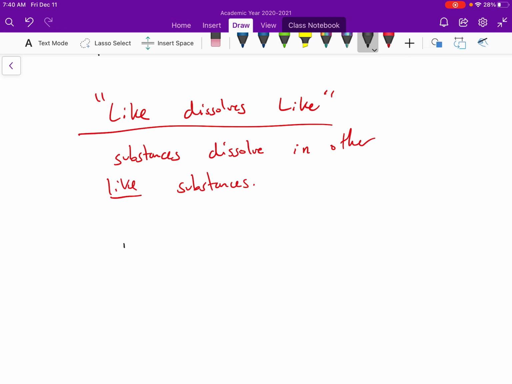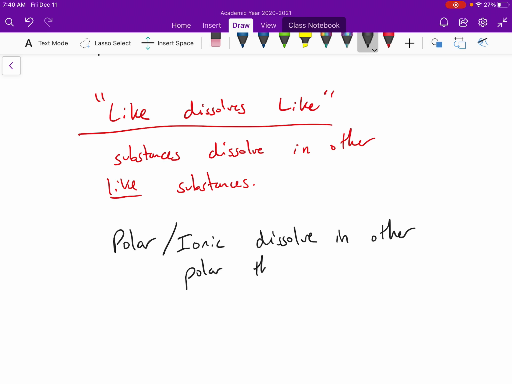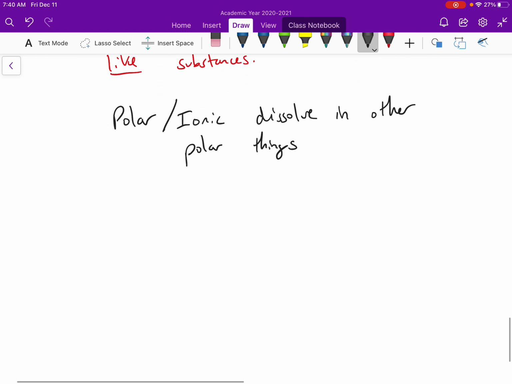So what that means is things that are polar and ionic, right? We kind of say that those are sort of similar because ionic is really an extreme example of polarity if you think about it. So polar and ionic will dissolve in other polar things. Okay? So in other words, things with charges attract.